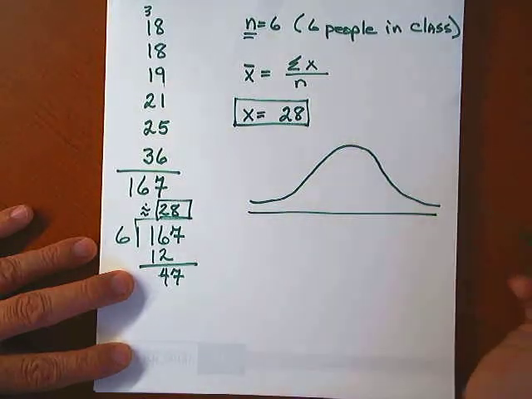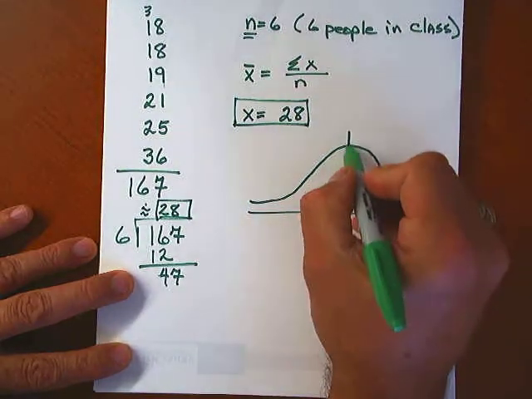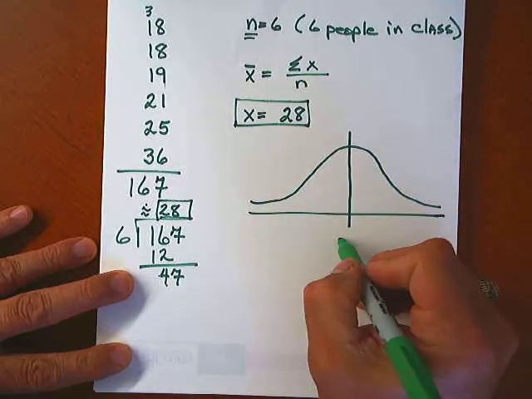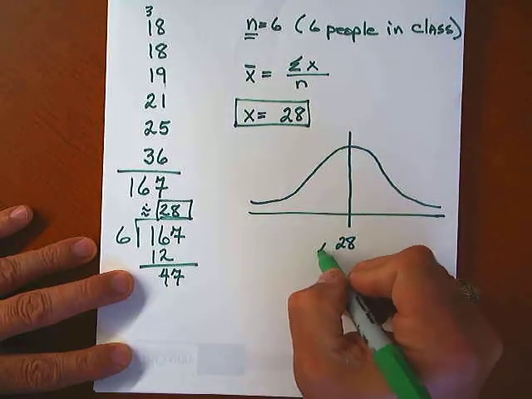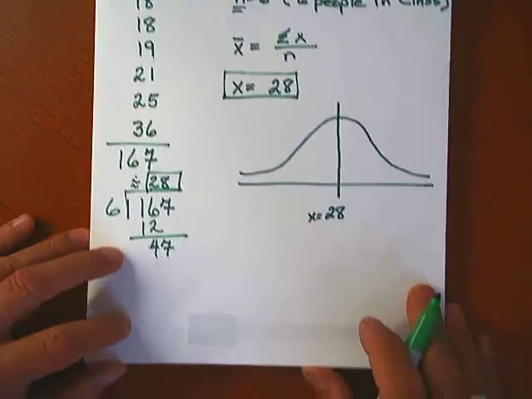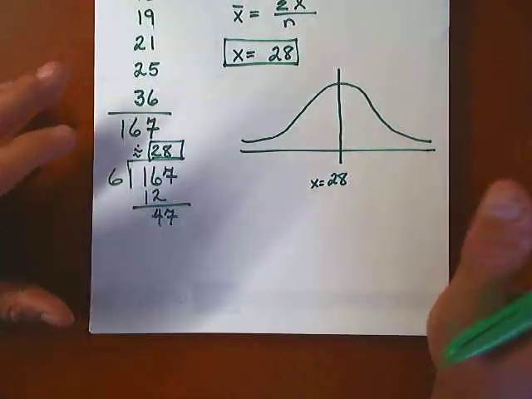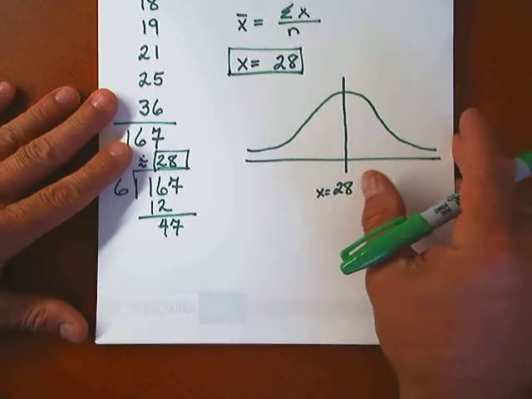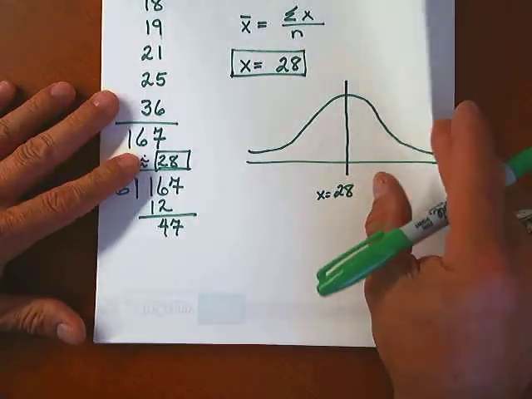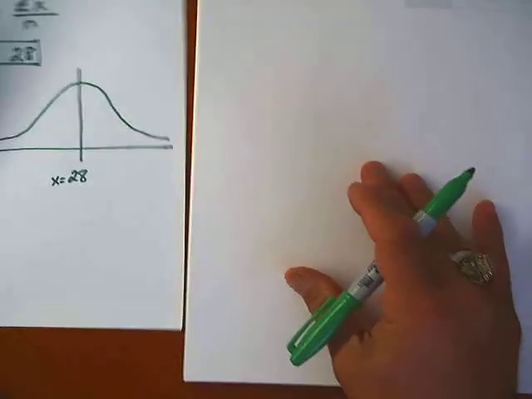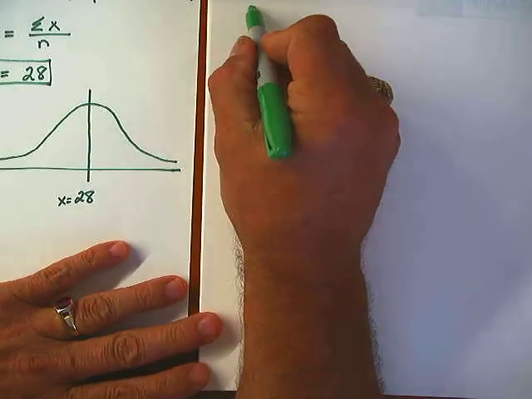And what that means is that if we had a bell curve, and you had a center, that center would be 28 because that's the mean. Okay? Now, to find the standard deviation by hand, first of all, you have to realize what the standard deviation is.